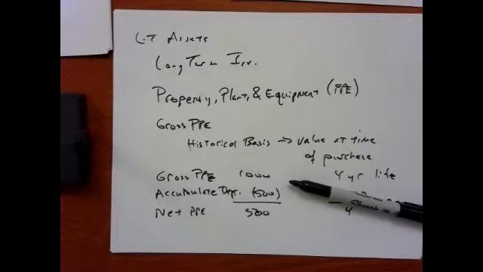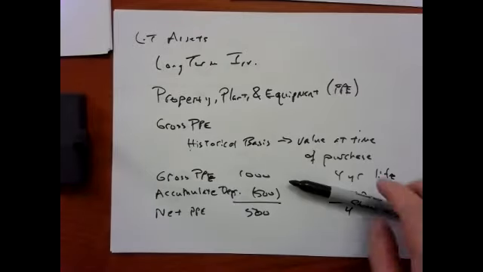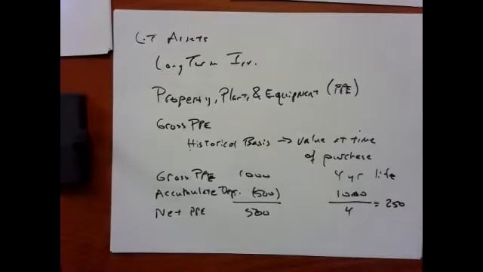If the land was worth 100, and then 5 years later you sell it for 500, you will have a non-operating gain of $400,000, which you would then report as income. But I won't throw you anything tricky like that. It's going to be a building, or stuff that has to be depreciated.